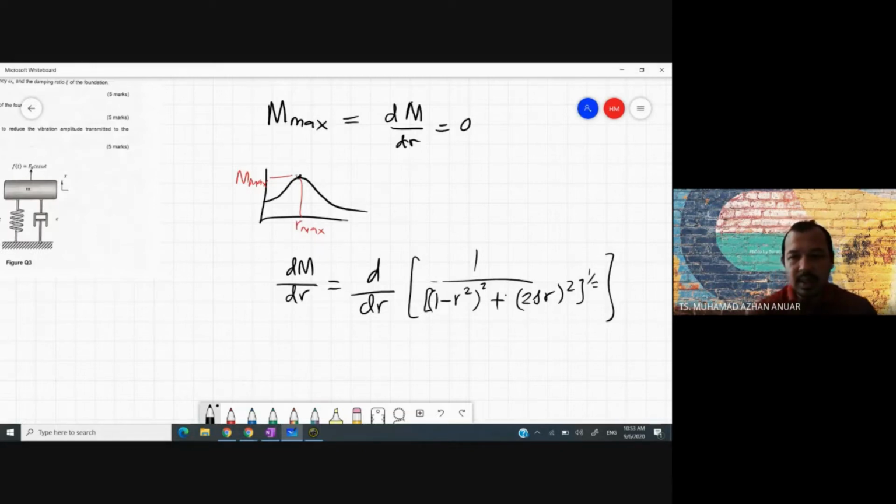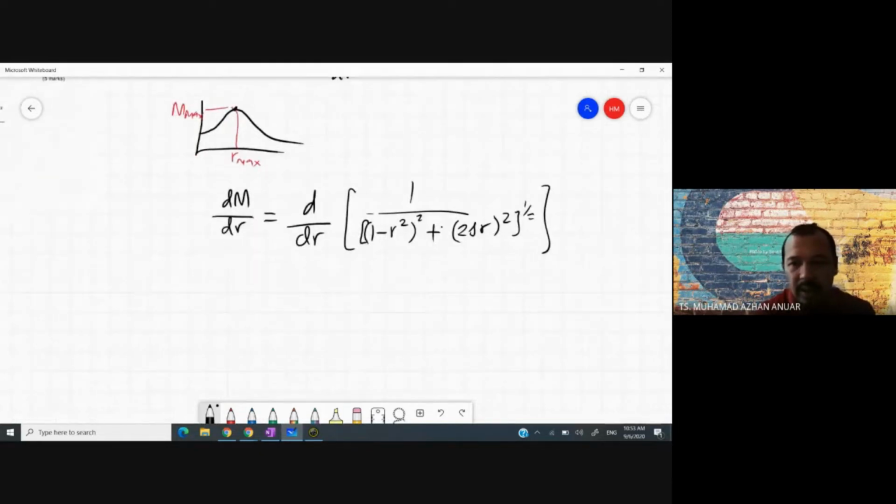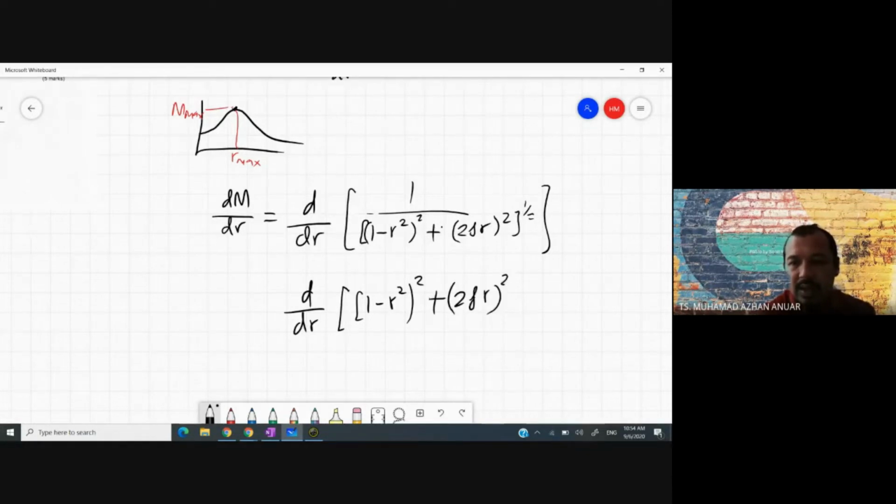Means that, okay, if we bring all these terms, it's going to be something like this: 1 minus r square plus 2 zeta r square to the power of minus 1 over 2.